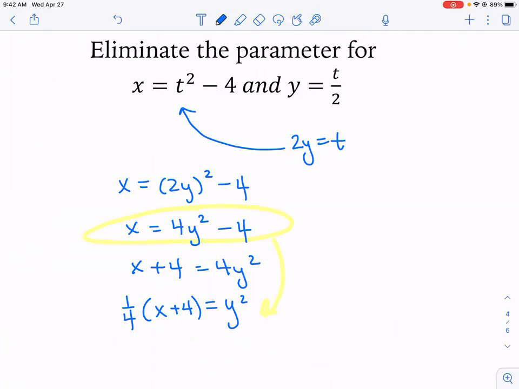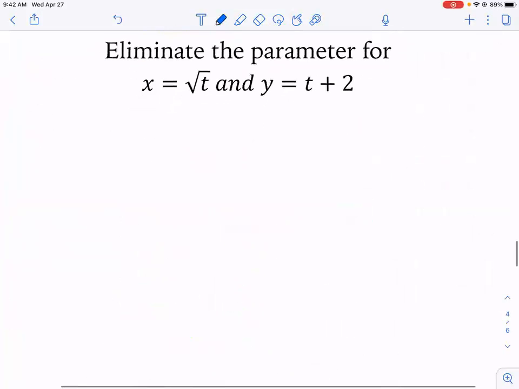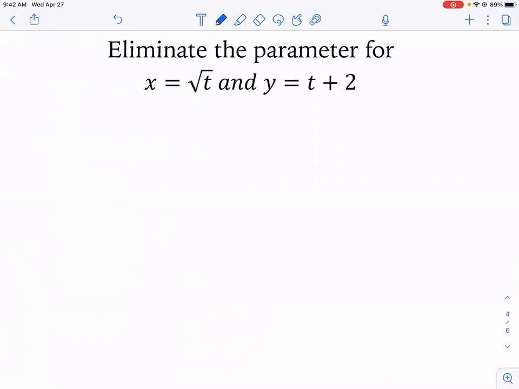Okay. All right, let's go back to that second one that we graphed. This one right here. Here again, I think that whichever one we choose, it's probably going to be the same amount of work.